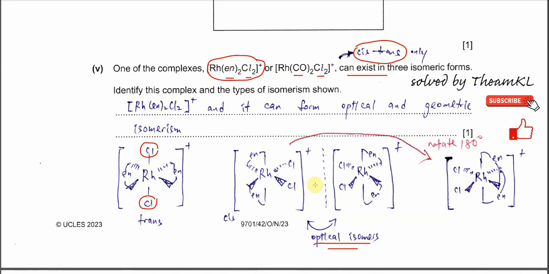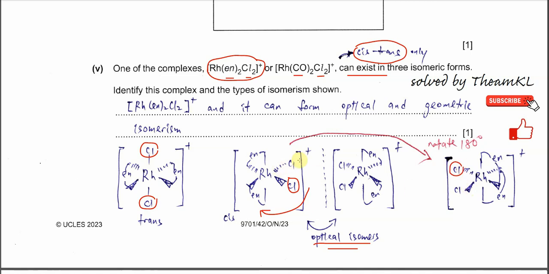How to look at it? You have to use some imagination. I tell you roughly how to do it. Let's say we try to rotate these two chlorines 180 degrees, and we let this chlorine now be at this position.